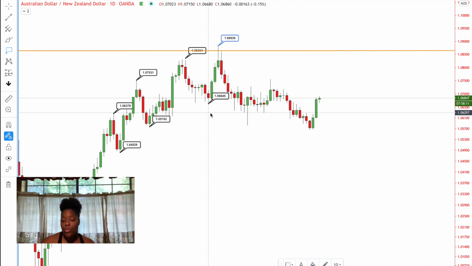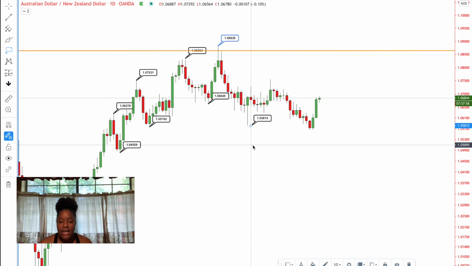Now what you're seeing is price came and took out that 1.06645 exchange rate, and when it did, it came down and tapped around 1.058. We're going to round it and say the lows of 1.056, because we like to round up, right? So basically we're at that bottom area.